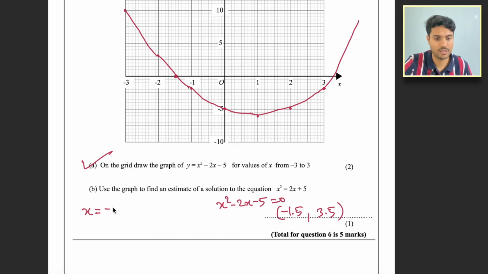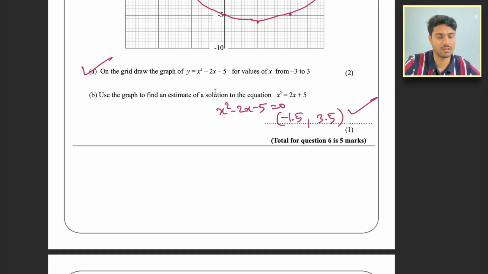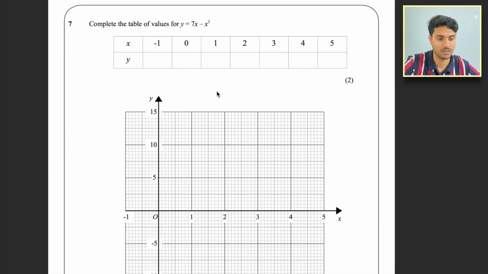And if you want to calculate it, x will be minus b by 2a... no, they're not asking the turning point. It's fine, we can write this as our answer. They're asking the solution and not the turning point.